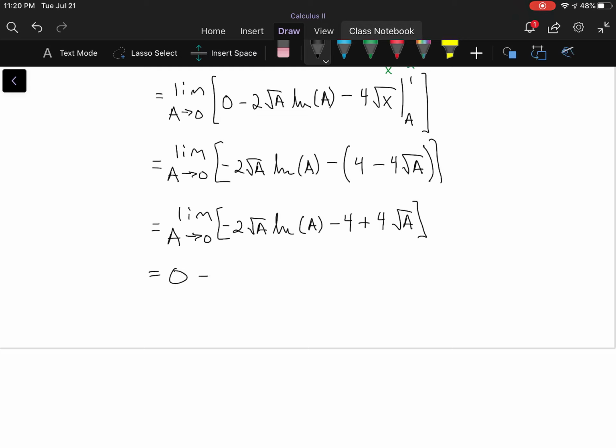Limit of negative 4 as a constant is itself, plus 4 times the limit as a goes to 0 of root a is going to be 0. And so we get an answer of negative 4, which means that this integral also converges.